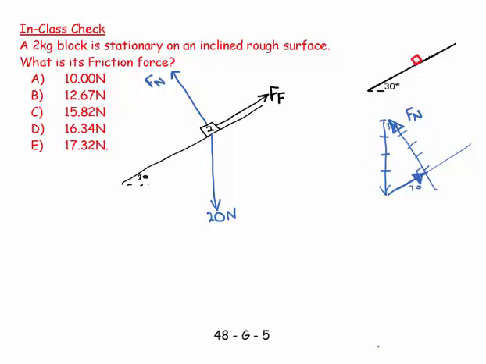I can do it graphically, and in a test I might say use the method of scaled vector diagram to find. But on this one, I want to find the frictional force, so I want to get rid of the normal force.